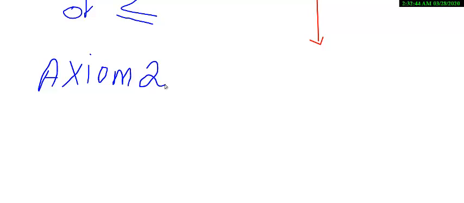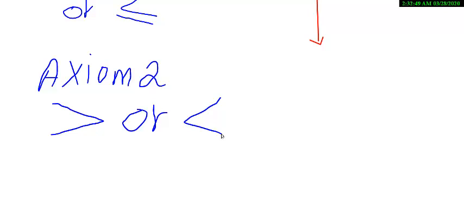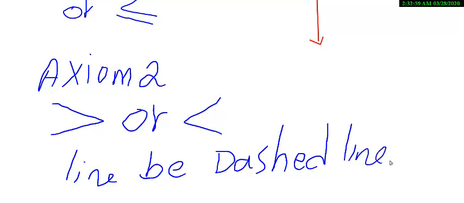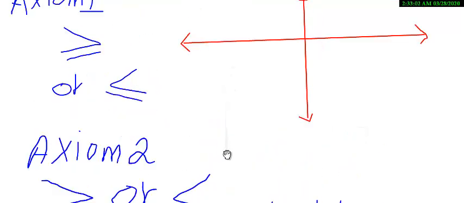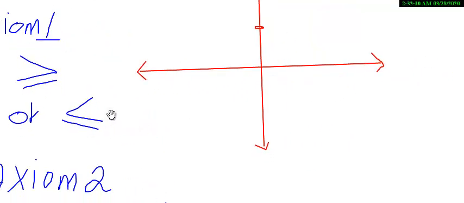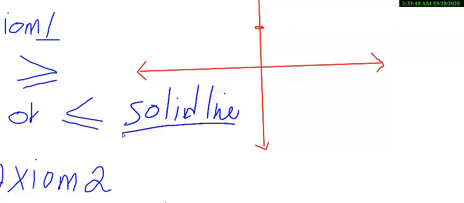If the inequality sign does not contain an equal sign, the bounded line will be dashed or scattered. But the previous one should be solid, a straight line without any gaps. So in that case it will be a solid line, and the other one will be a dashed line.